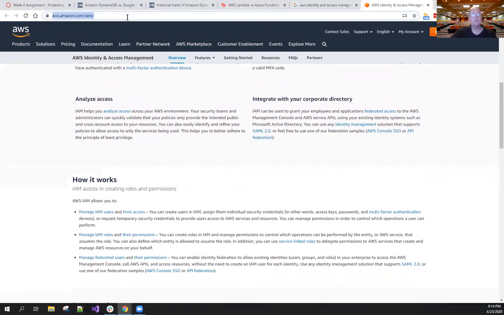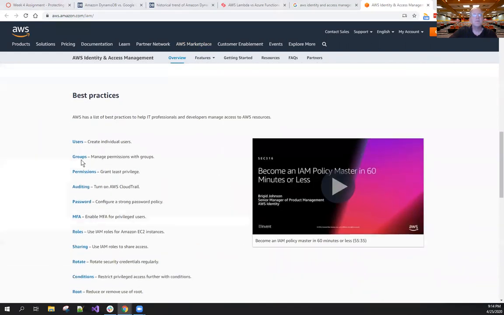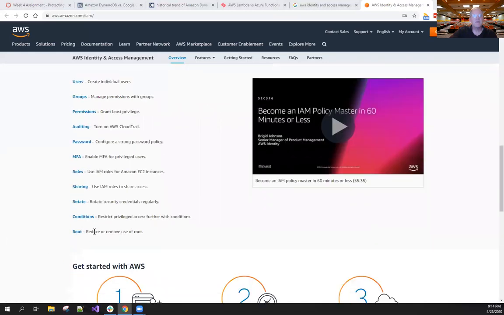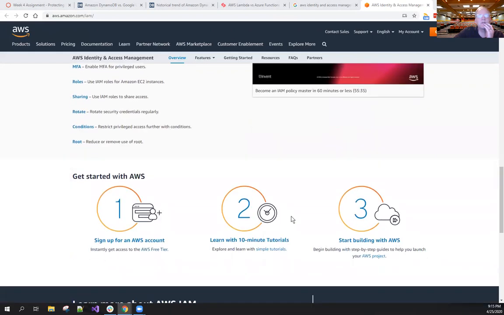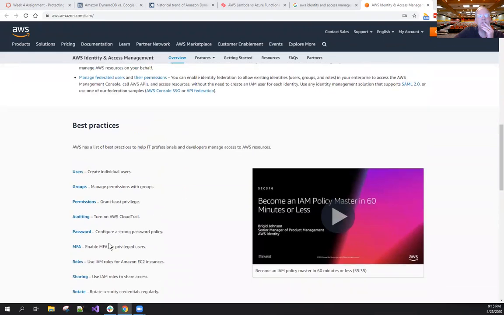Let me grab this as a link, put it in our chat. Users, groups, permissions, auditing, password, all of this is just really great on all of the possibilities of stuff you can manage and at what level. So create the users.